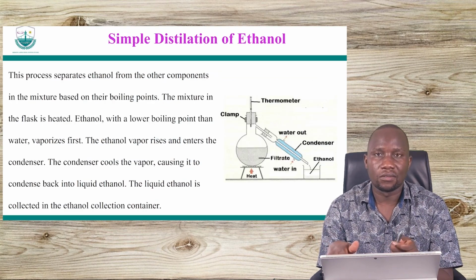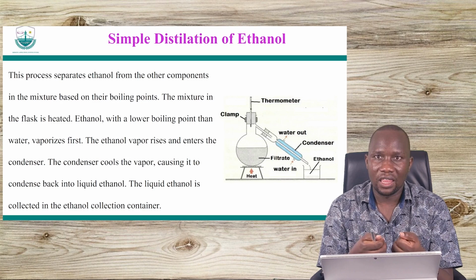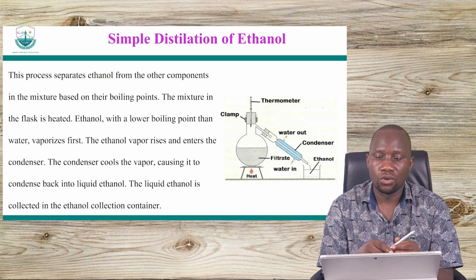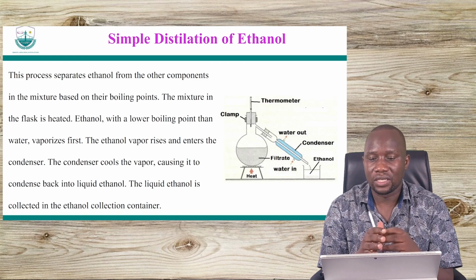So we'll look at, for example, simple distillation, which is basically here. Simple distillation is aimed at making sure that we separate ethanol from, for example, water, the things that are making it impure. So you get your ethanol, which contains the water and other impurities.